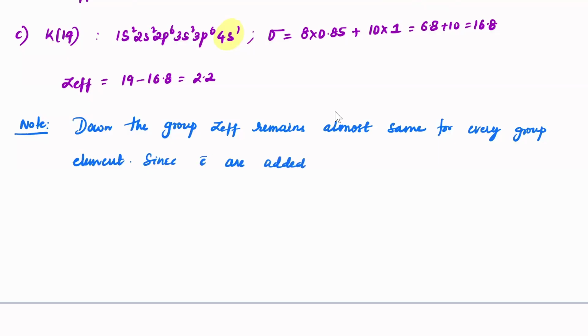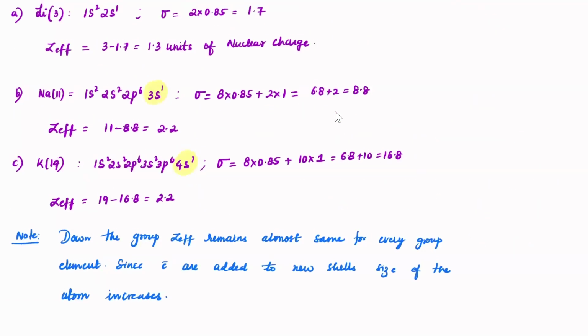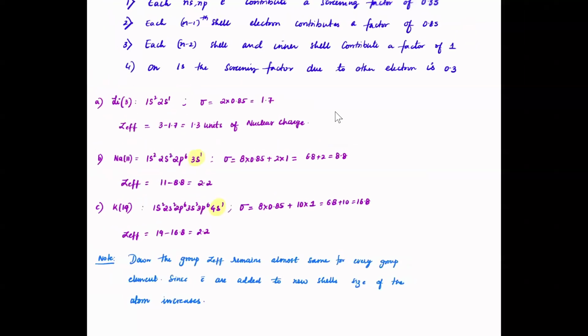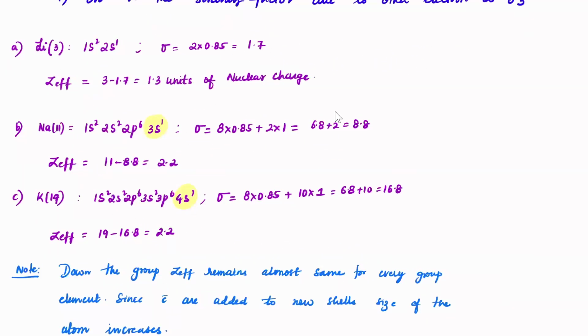Since electrons are added to new shells, the size of the atom increases. I hope you understood the conclusion for screening factor calculation from top to bottom, that is, down the group.